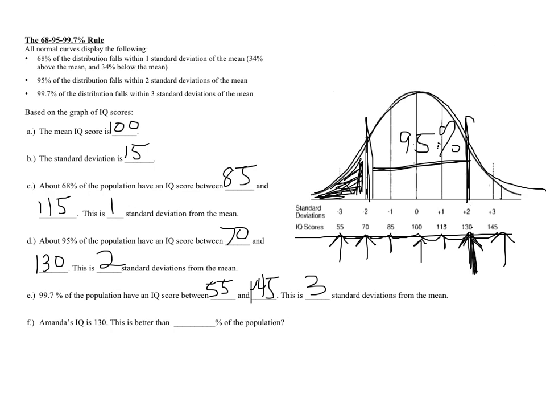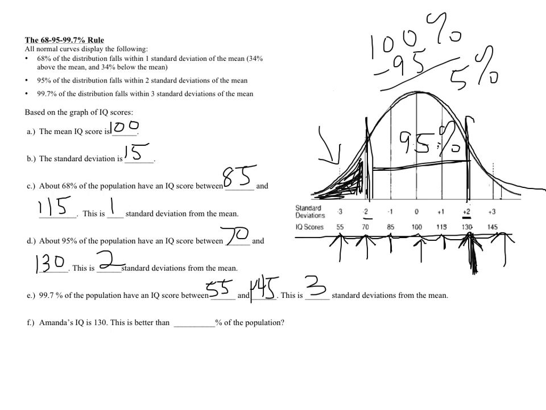If you think about it, if this whole thing represents 100% of the data, and between 2 standard deviations above and below the mean is 95% of the data, we have 5% of the data not accounted for. And keep in mind, since this is symmetrical, half of that 5% is going to go on this side, and the other half is going to go on that side.